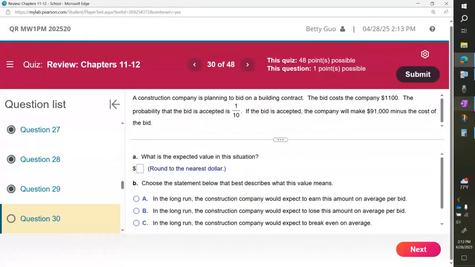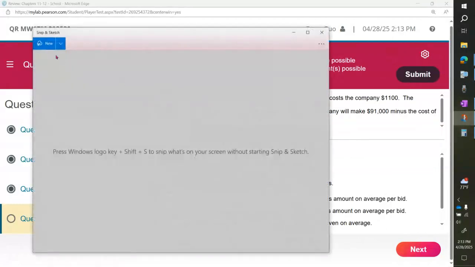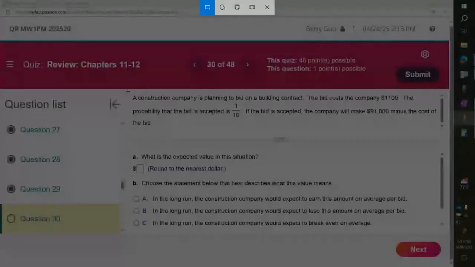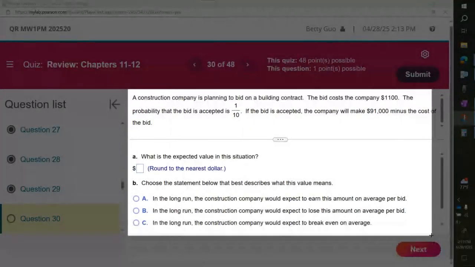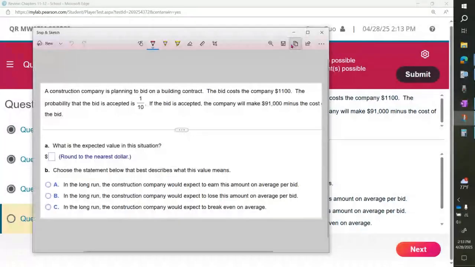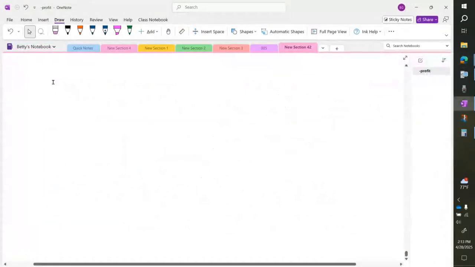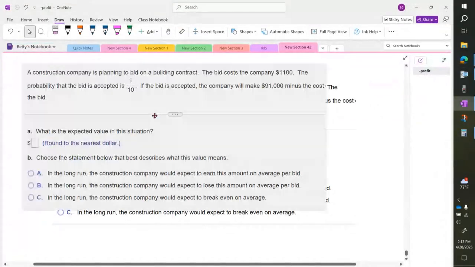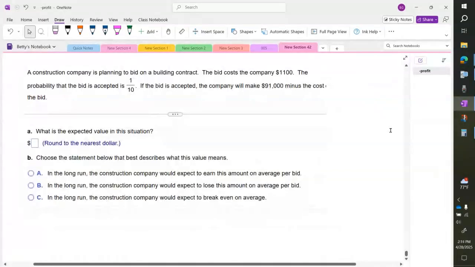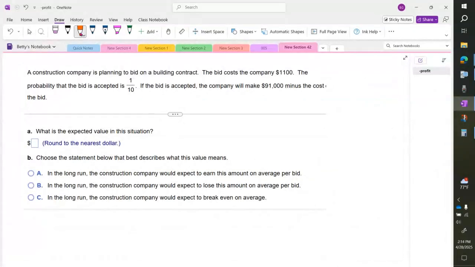Okay, this is about expected value. We have just recently covered expected value, right? Remember we need to identify the random variable and build a 4-column table. The random variable here is again the profit, X, the profit of the company.